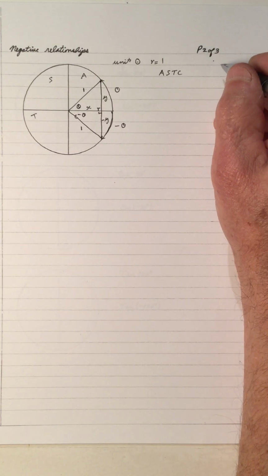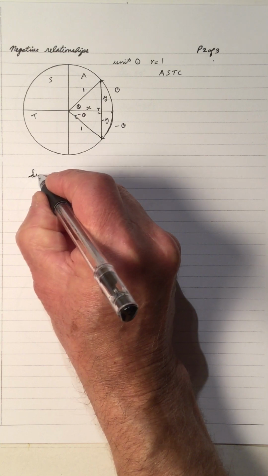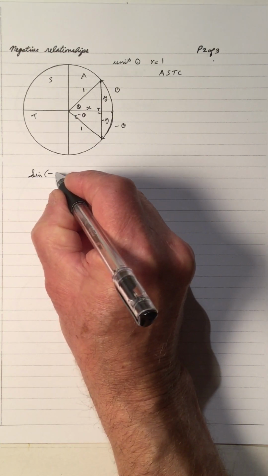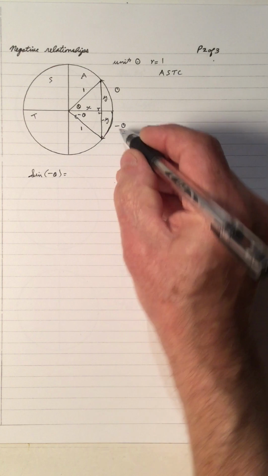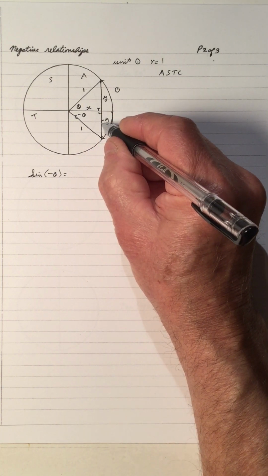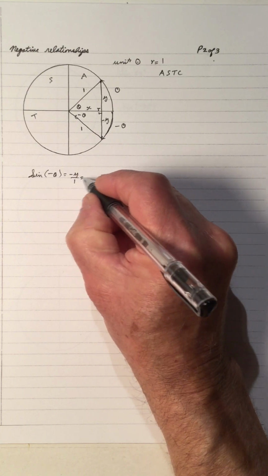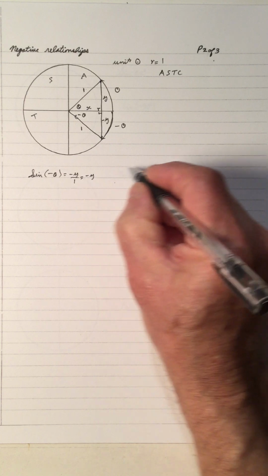So let's look at the sine of negative theta. This is negative theta right here. So the sine of negative theta is opposite, which is negative y, over hypotenuse, which is 1. So that's negative y.